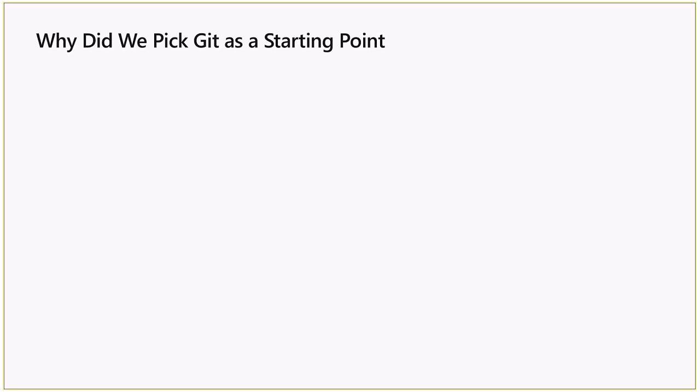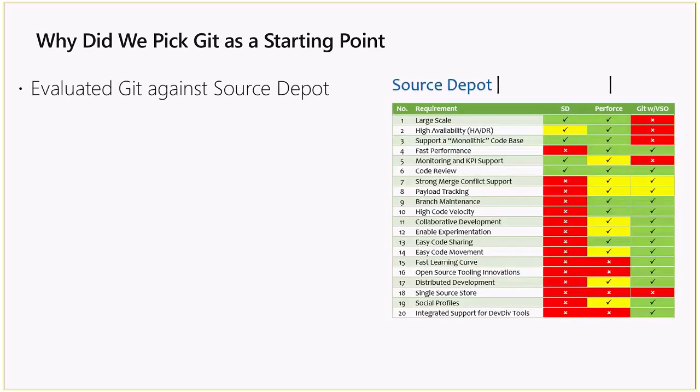And so the 1ES team, instead of directly moving to Git, thought they'd do a little diligence, right, before moving. And we evaluated Git against Source Depot. And they created a list of 20 different requirements. So you can see Source Depot on the left had a lot of red. And we see Git on the right of this chart, right? A lot of green.